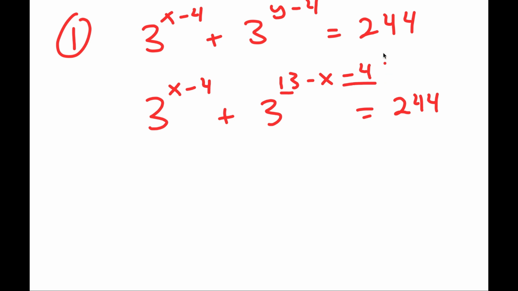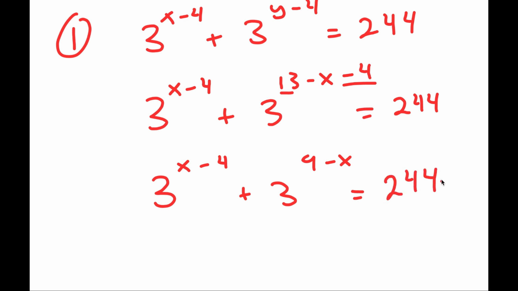And 13 minus 4 is 9. So I get 3 to the power of x minus 4 plus 3 to the power of 9 minus x is equal to 244.